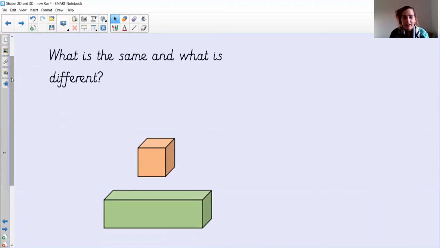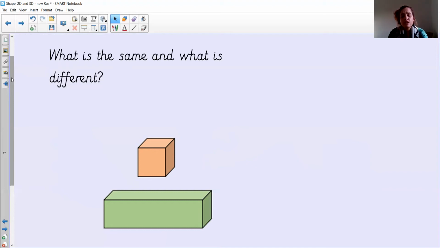Pause the video now and have a little look at this one. Okay, now you might have noticed with some of these 3D shapes so far that we haven't mentioned the names of the 2D shapes that we do know that you can see within them. So here I've actually got these 2 shapes, and if we talked about similar things, things that are the same, we can both see that 2D shape of a square in them.